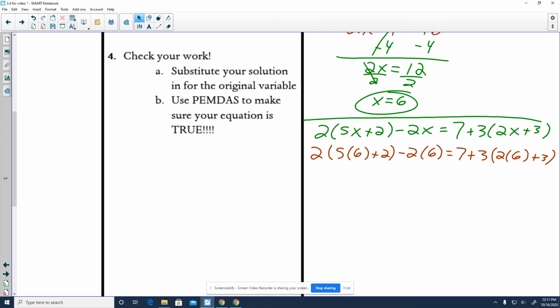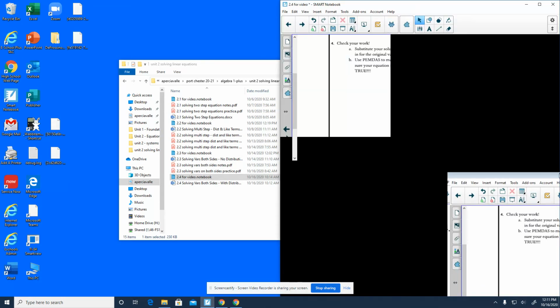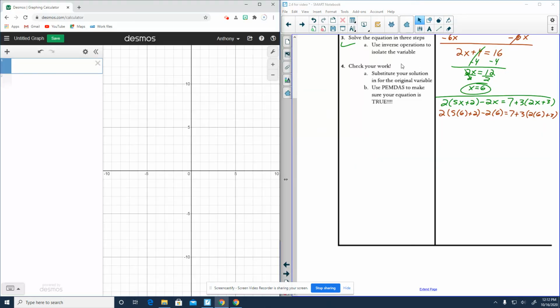Okay, so now I don't really want to do all this. I just want to use my Desmos, right? Make our lives a little easier. So I'm going to open up my Desmos graphing calculator, and then on one of my cells, I'm going to type in what's in green, and then on my other, I'm going to type in what's in yellow, and I should get the same number. So 2 times 5 times 6 plus 2 minus 2 times 6. Just be very careful with how you put the parentheses.